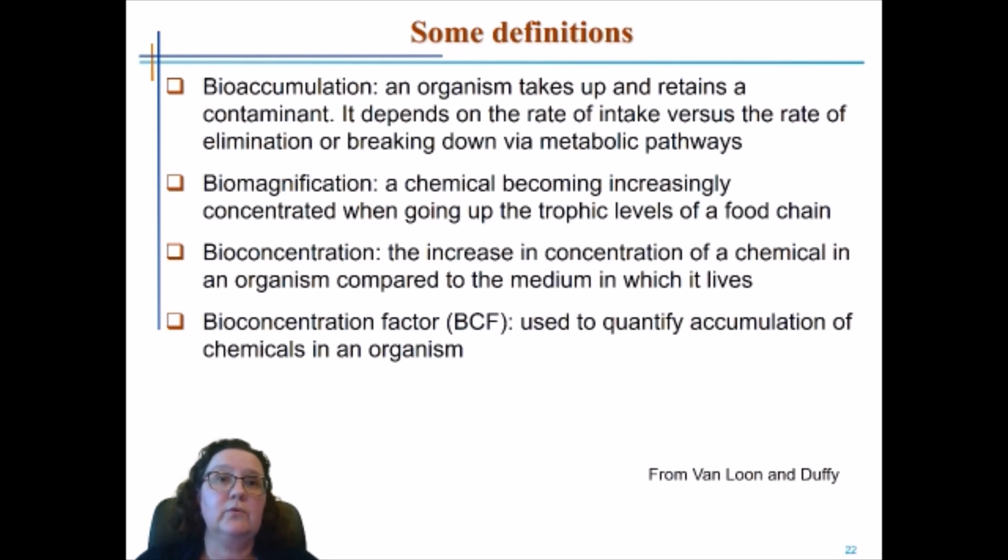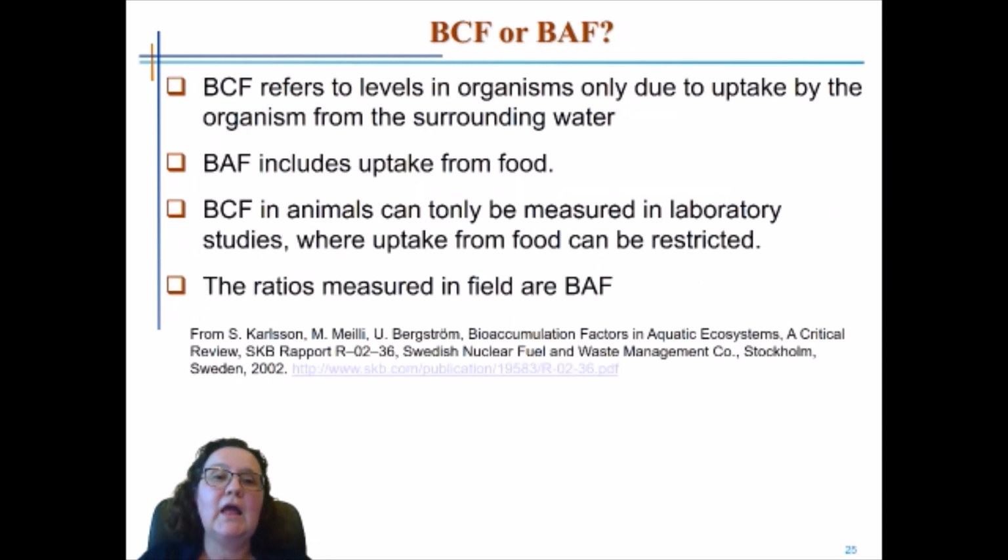So, for example, a chemical dissolved in the water will enter an aquatic species that is living in that water. And you define bioconcentration factor as the measure to quantify how a chemical will accumulate in a particular organism.